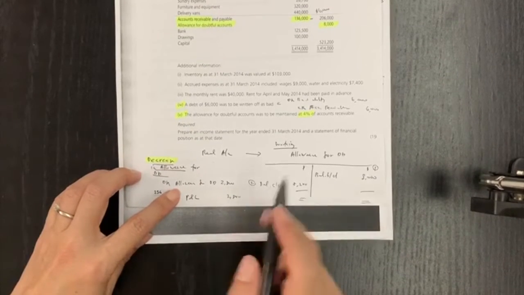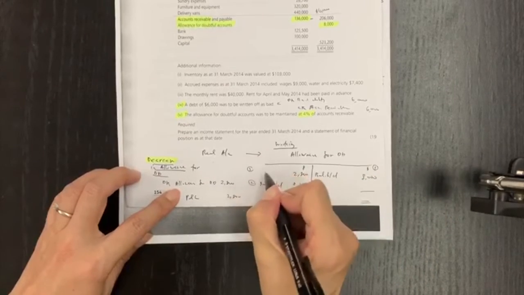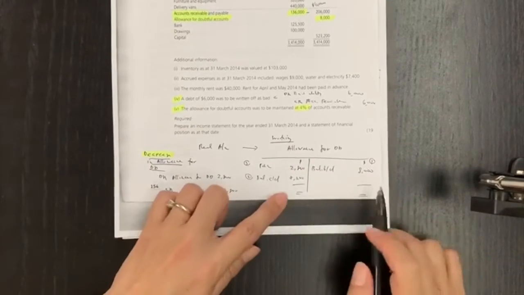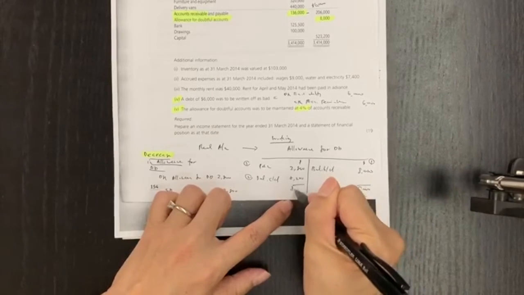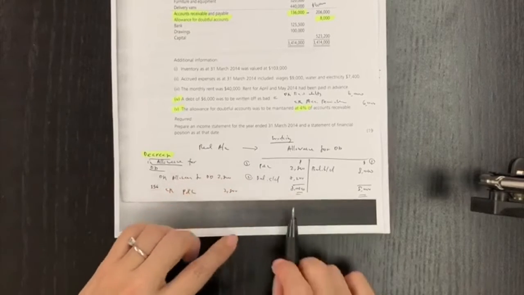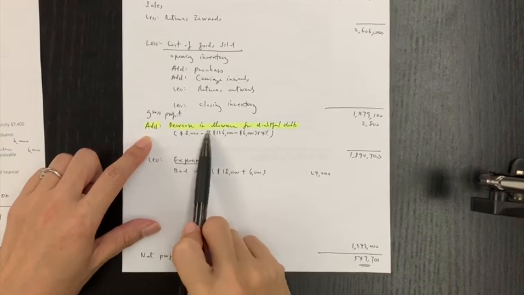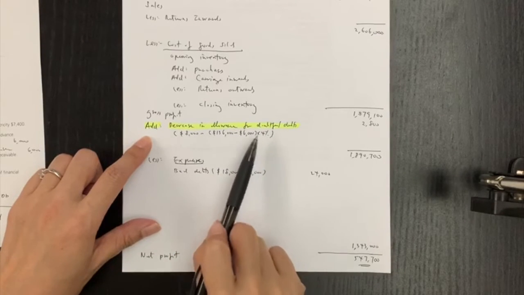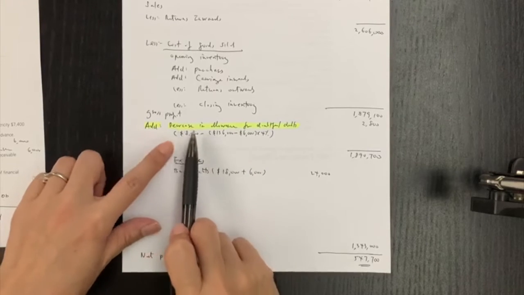So here I insert 2,800. So this is step number 3 because of profit and loss. And then you check. After that, we also have 8,000 and 8,000 on both the credit side and debit side. All right, so therefore the decrease in allowance for doubtful debts will be a good thing. So we add this decrease to gross profit, and decrease means what?